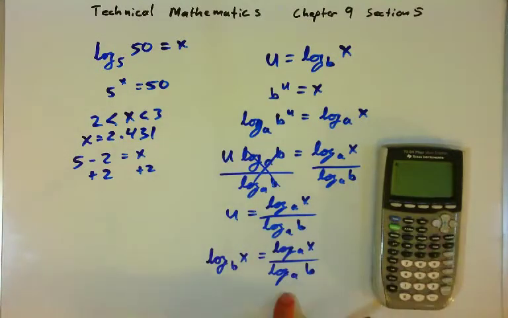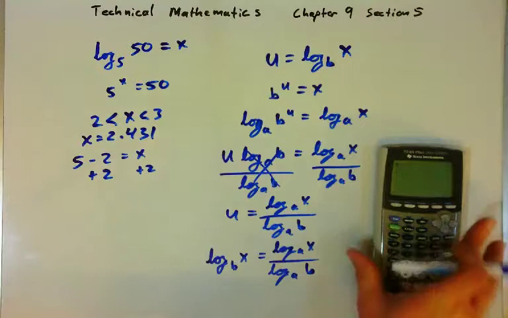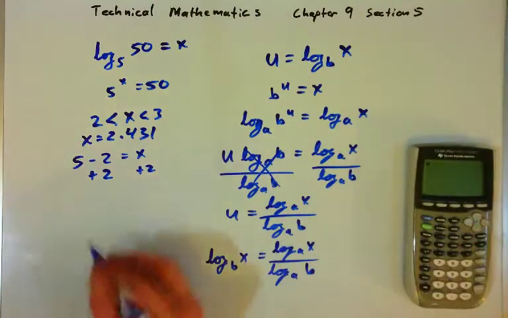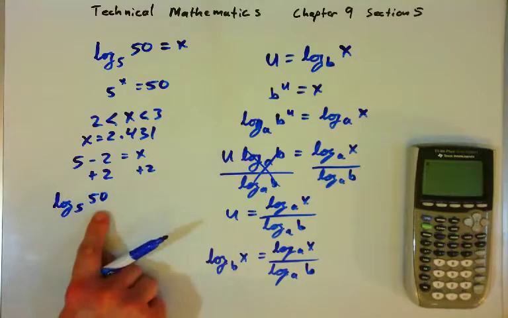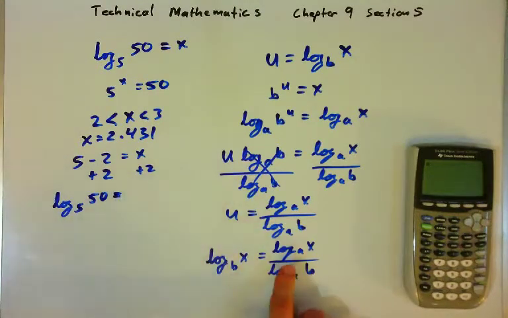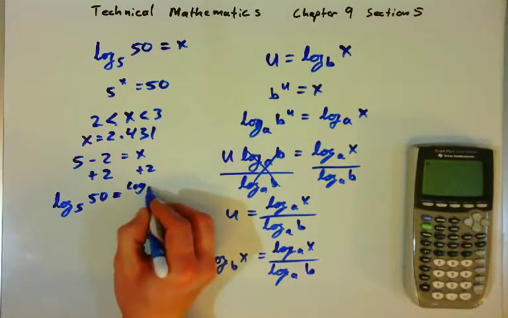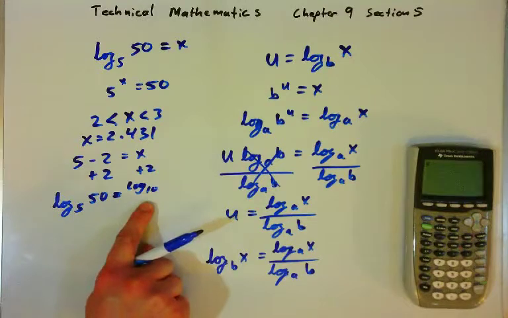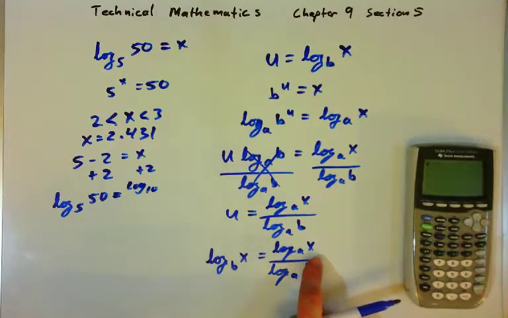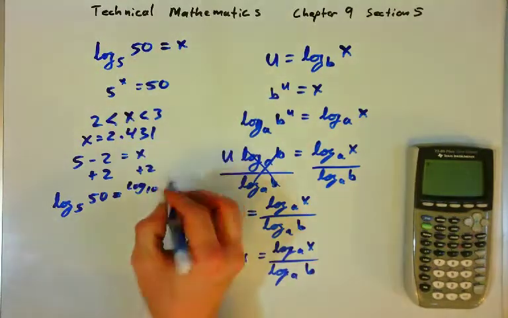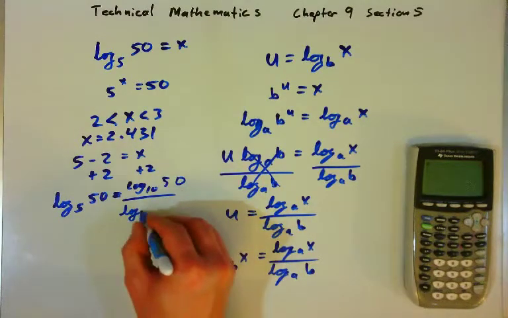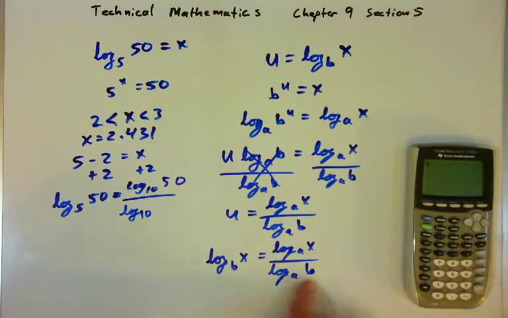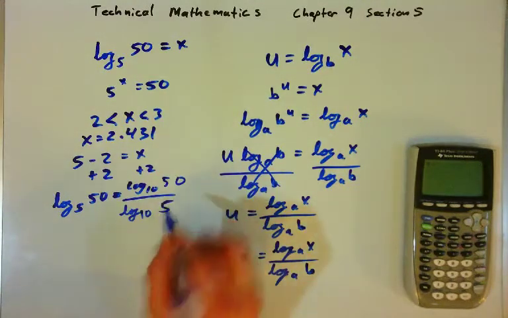Some calculators will do that. Yours may not. If it doesn't, that's okay. We can find the answer using this method. We wanted to find the log base 5 of 50, and this is going to be equal to log base 10, or the common logarithm, of x, where x is the argument, which is 50, divided by log base 10 of b, which was the original base, or 5.